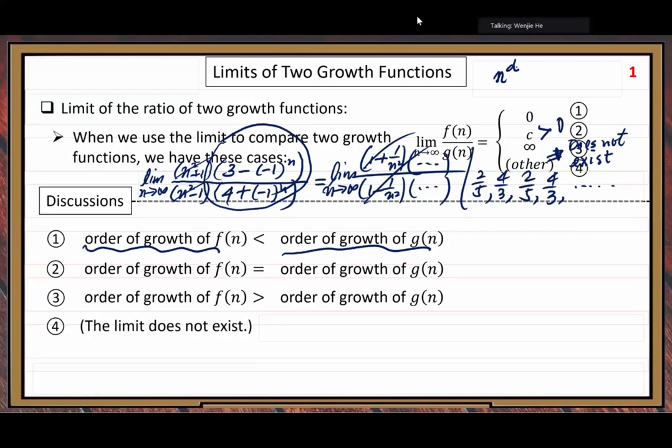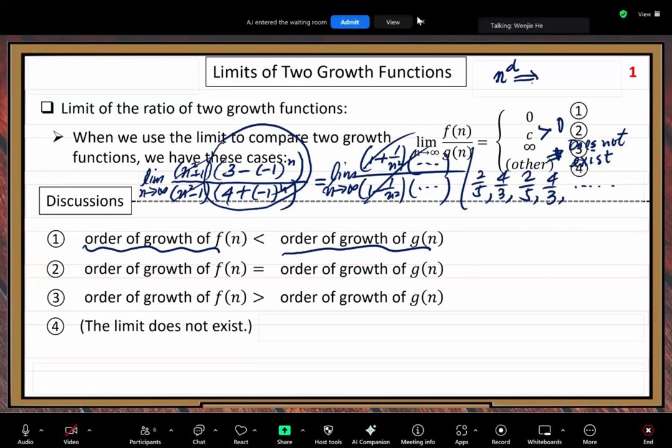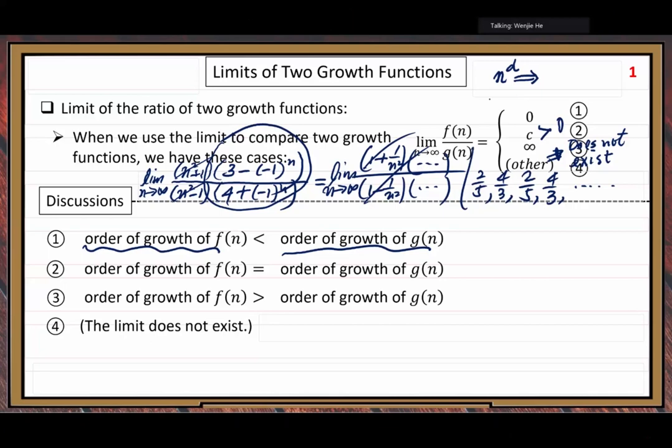And for this power function, definitely this d number should be greater than 0, a positive number, but not necessarily an integer. d could be a real number, not necessarily an integer.